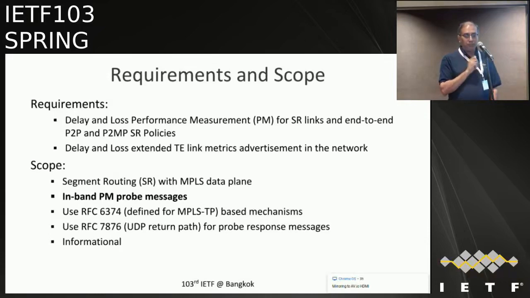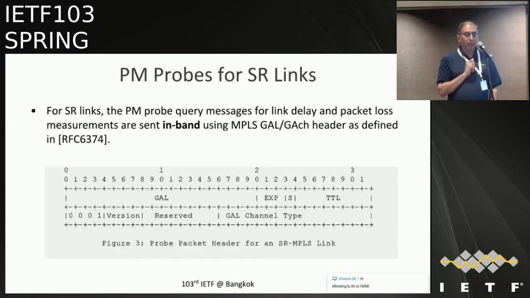As defined in RFC 6374, using the GAL header, the probe messages are sent for SR links. And for the P2P and P2MP SR policies, a label stack is used with the GAL header. For delay measurement DM probes, there's a GACh value defined. The same is used for the SR links and SR policies.